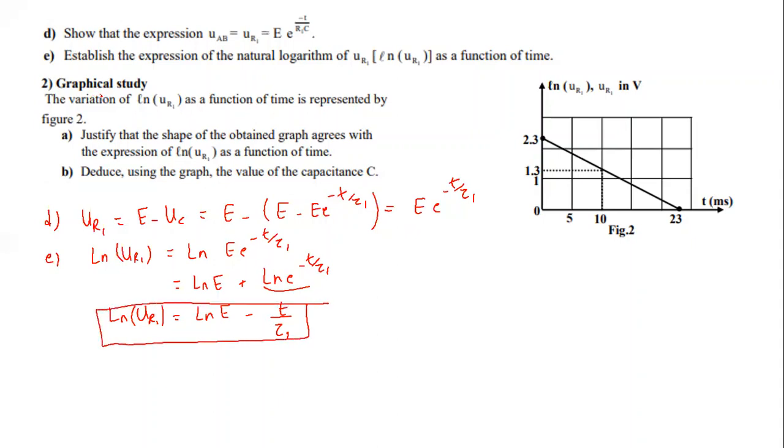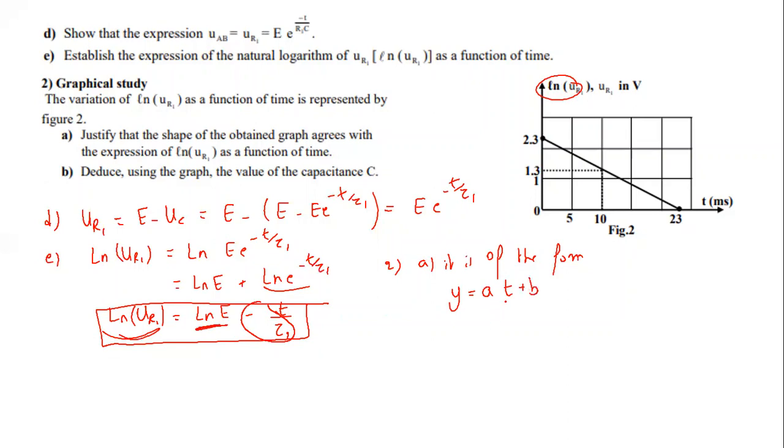Now, graphical study: the variation of ln UR1 as a function of time is represented in figure 2. Justify the shape of the obtained graph. It agrees with the expression of ln UR1. Now if we look at this expression, part 2a, it is of the form y equals a t plus b, where this is y, this is a, and the rest is a constant b.